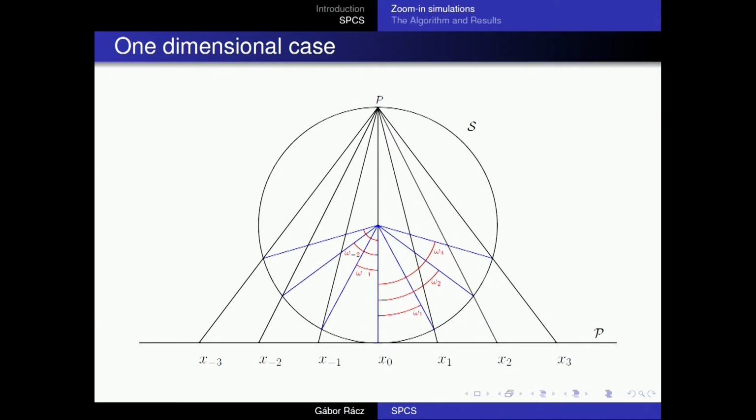And the inverse transformation is from this straight line, we project this point back to the circle. So this is the one-dimensional case. It's easy to see that the inverse transformation is basically compactification. So we map this infinite straight line into a finite circle.